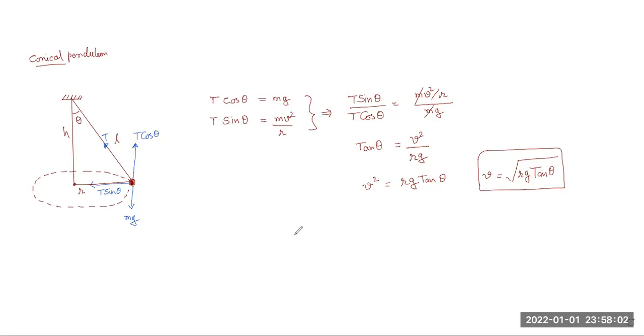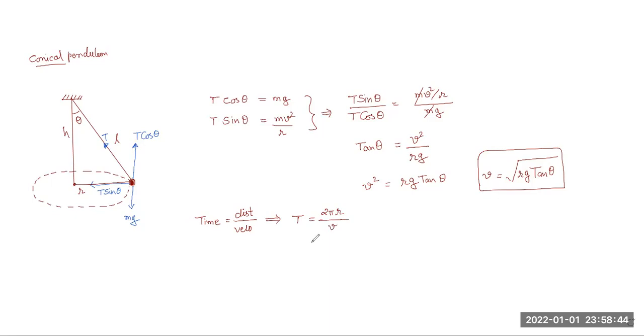Now a very simple concept: time is equal to distance covered divided by speed. So the time period T is equal to the distance covered, one complete circumference of this circle, which is 2 pi r, divided by v.